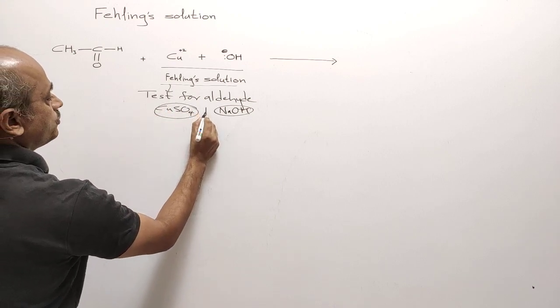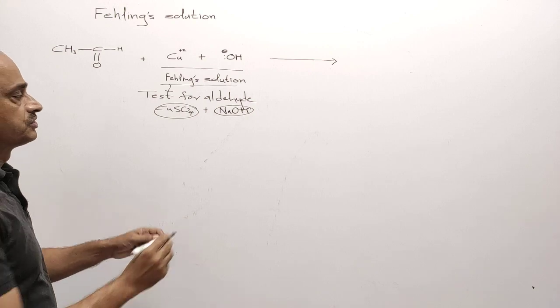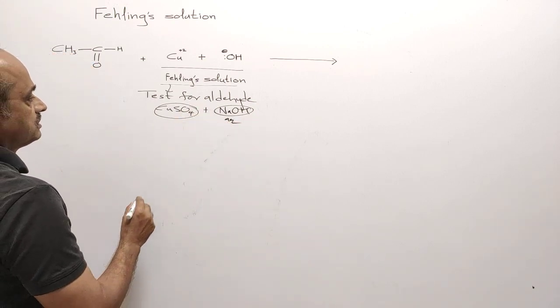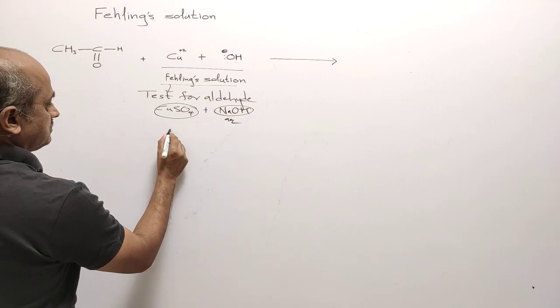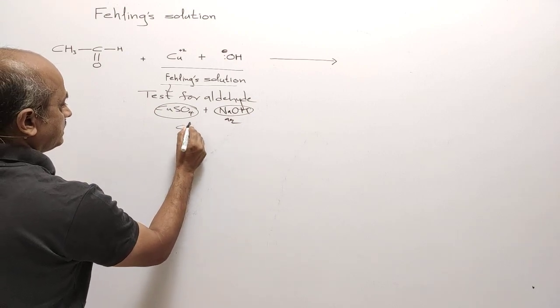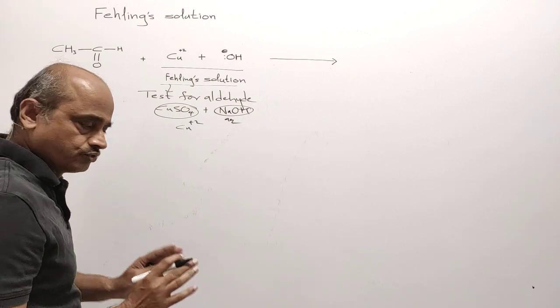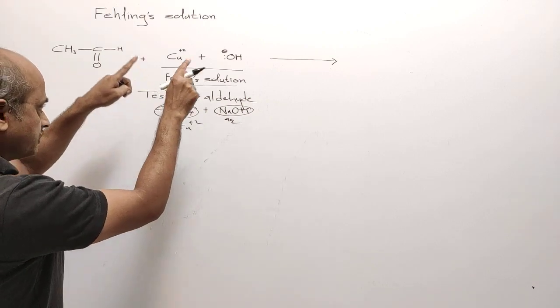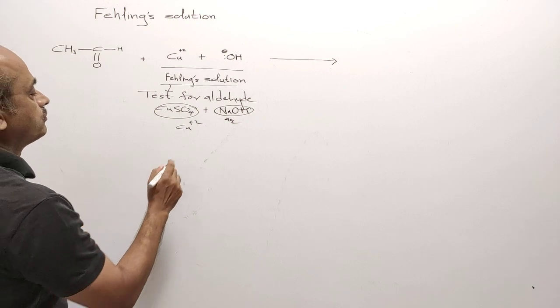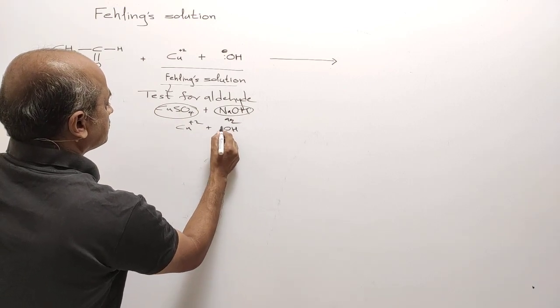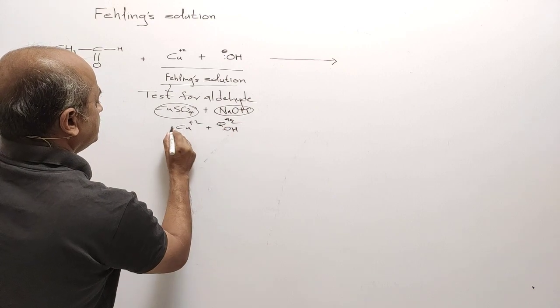But when these two are mixed, aqueous solution of NaOH and copper sulfate, then we get copper ions, sulfate ions and Na plus ions in the solution. But from the Fehling solution, this reaction point of view, copper plus 2 and free OH minus ions from NaOH become active.